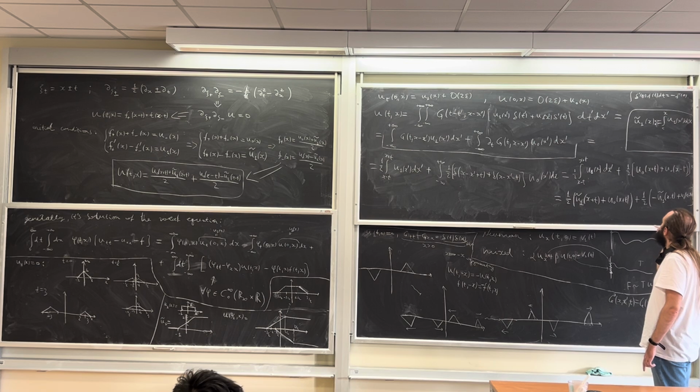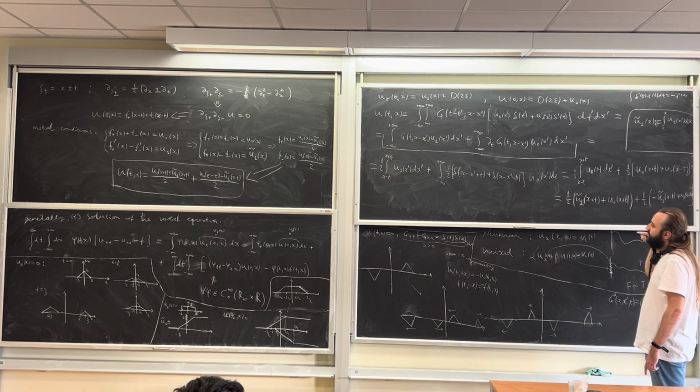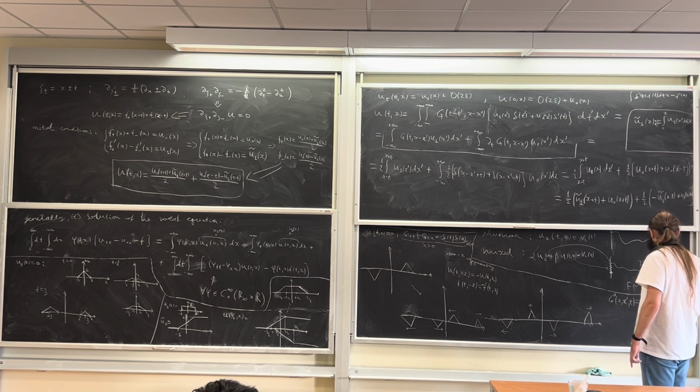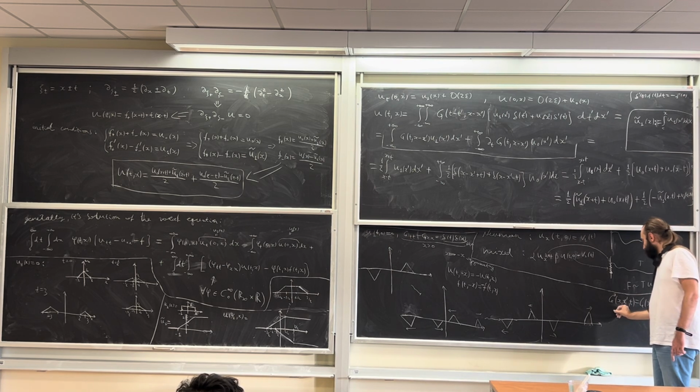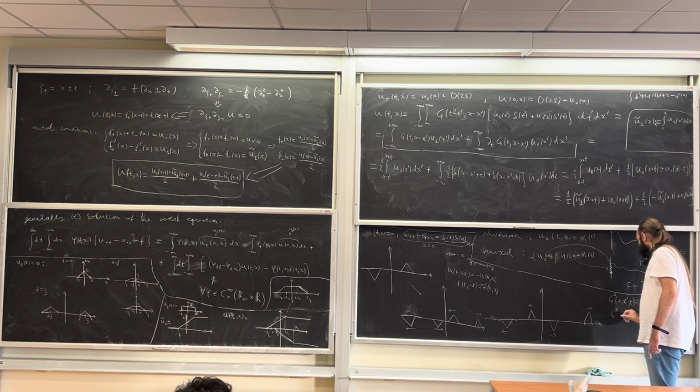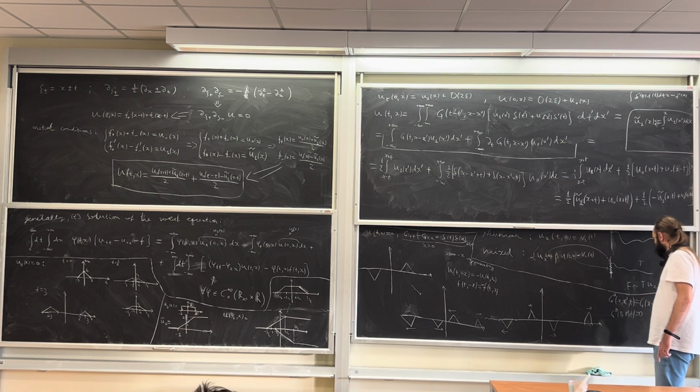So this Green function was symmetric in x minus x prime, right? G of x and t was equal to G of minus x and t. So this Dirichlet of 0, x prime, t equals to 0.